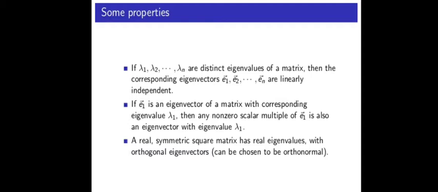Secondly, if e1 is an eigenvector of a matrix corresponding to the eigenvalue lambda 1, then any non-zero scalar multiple of e1 is also an eigenvector with eigenvalue lambda 1. Third, a real symmetric square matrix has real eigenvalues with orthogonal eigenvectors.